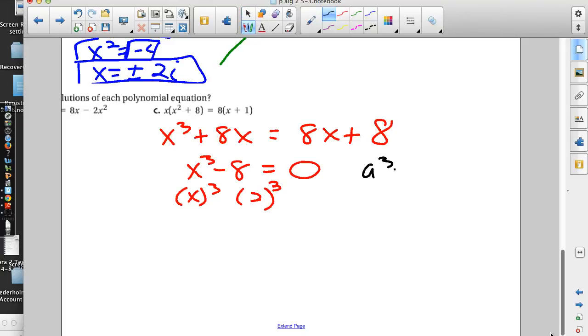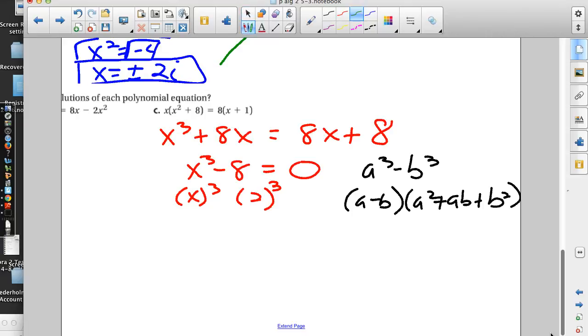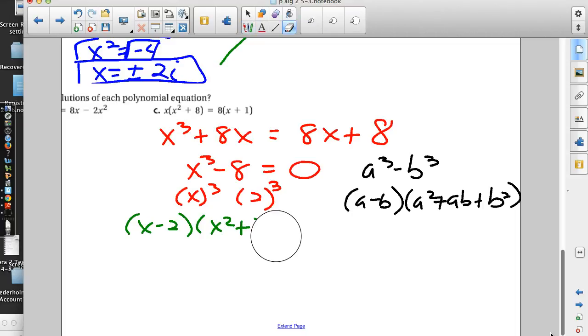And this is a cubed minus b cubed. So we'll have a minus b times a squared plus ab plus b squared. So let's see what we get. x minus 2 times x squared plus 2x plus 4.